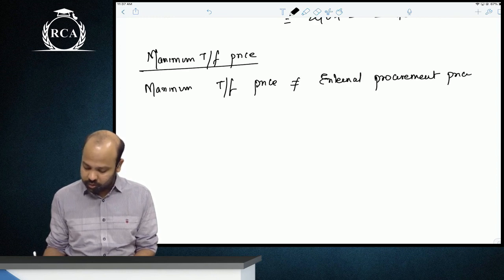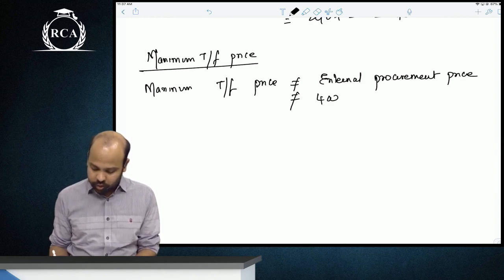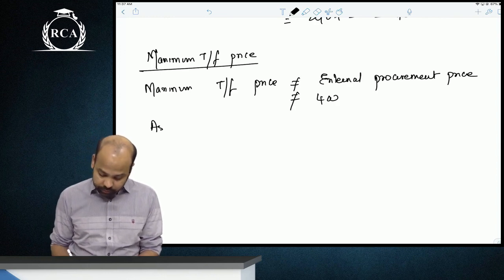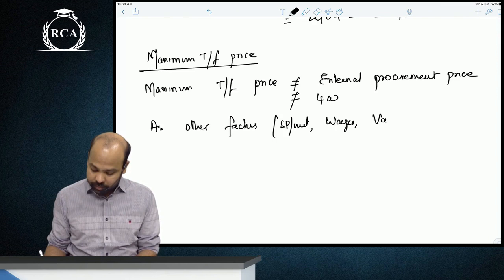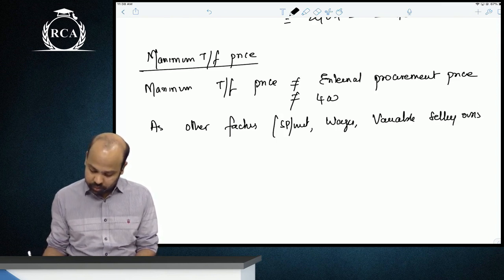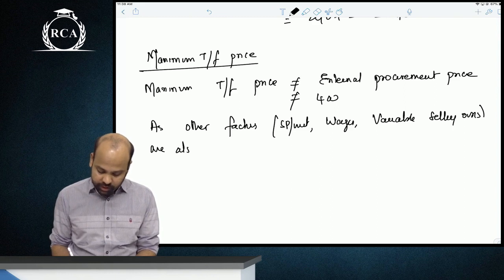Why, sir? It is not equal to 400, as other factors, selling price per unit, wages, variable selling overheads are also changing. So you cannot just take a decision based on what they are paying in the external market.